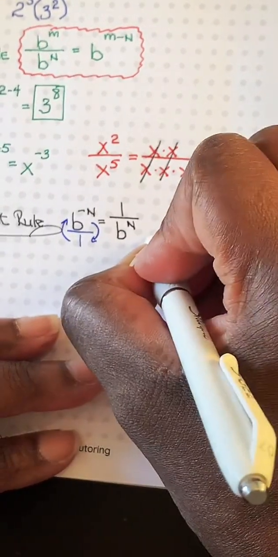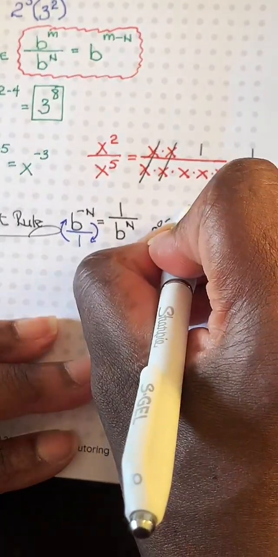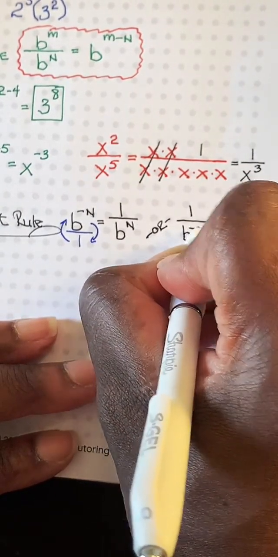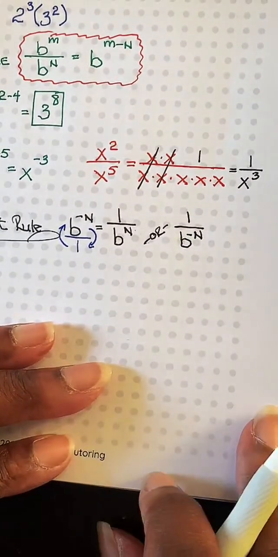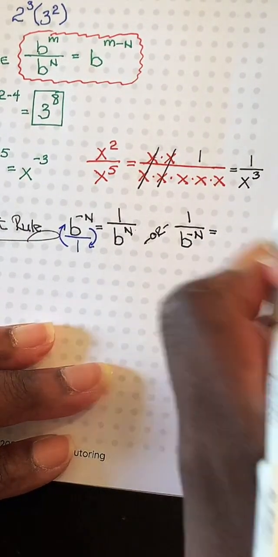What happens, so I'm going to write the word or. What happens if it's already in the denominator and it was already negative? Well, then we need to flip it up.